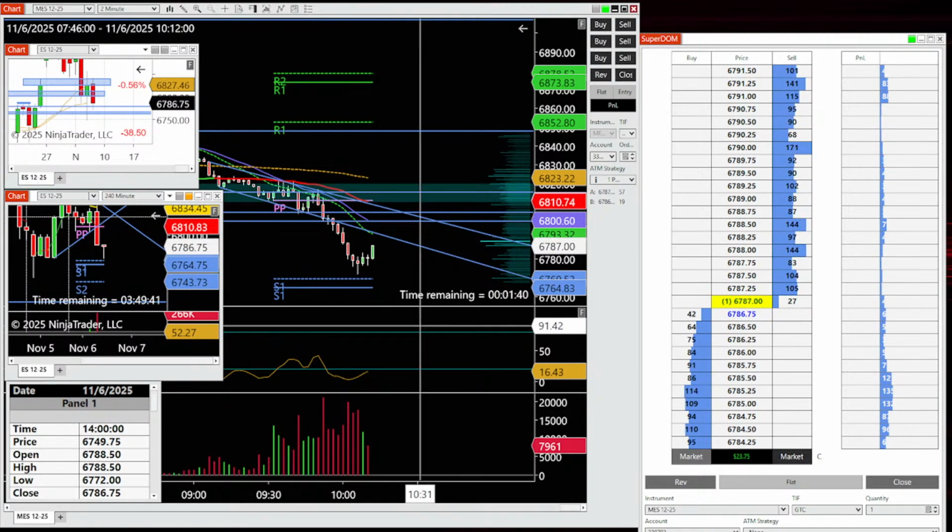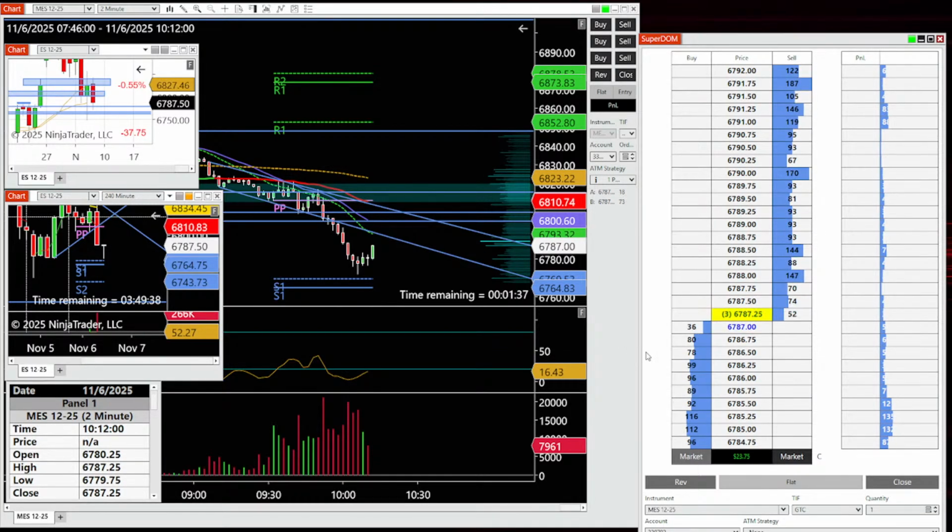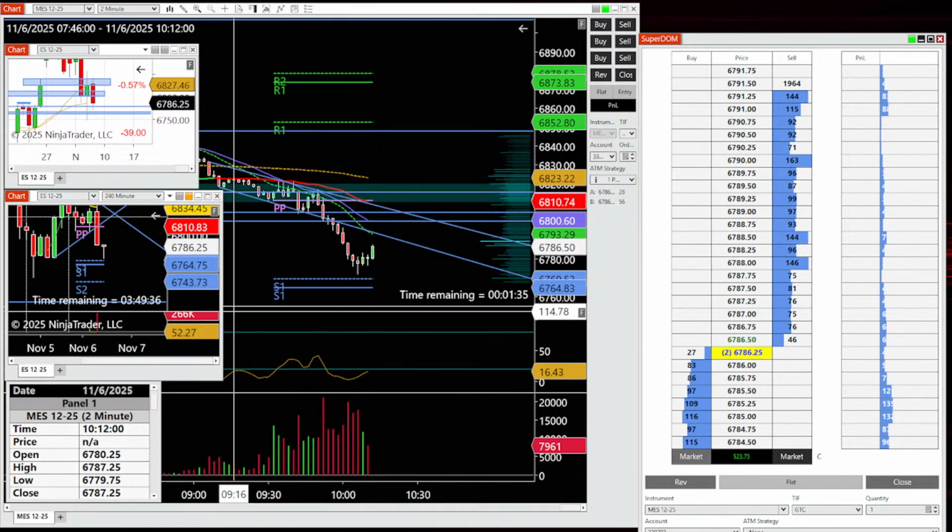High is 88.50, might get a red to green. Or resistance.